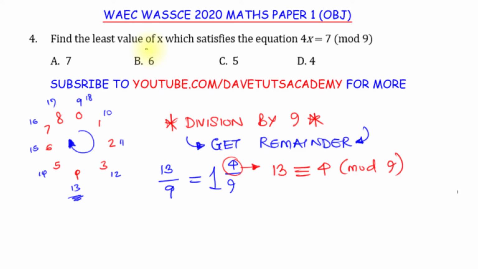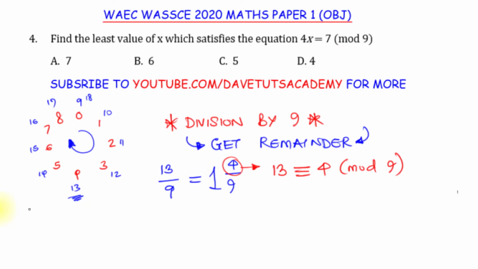So since they are talking about the least value of x, then this particular 7, we need to actually add to 9, because like the case of 13 and 4 that I'm talking about, if you add 4 to 9, you're actually going to get 13.